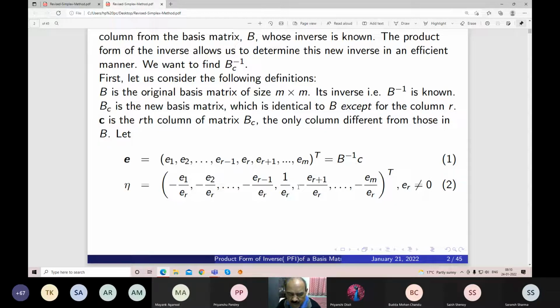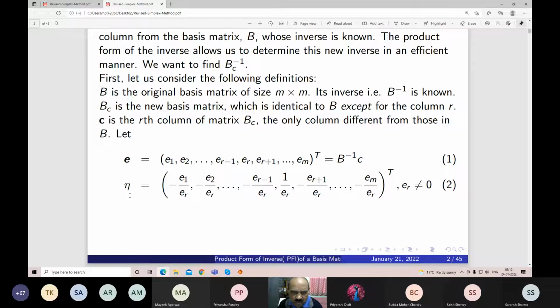Then the next elements are minus E(r+1) by Er, and so on, finally minus Em by Er. We assume Er is a non-zero element, and this is a column vector. Once E is obtained, from E you can find eta.